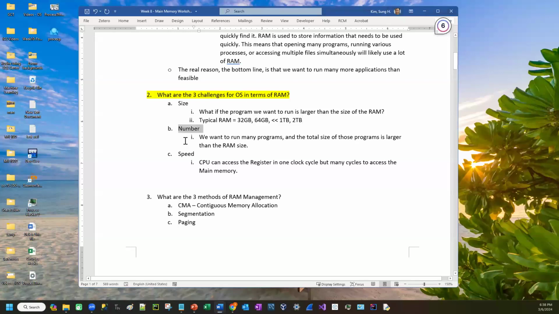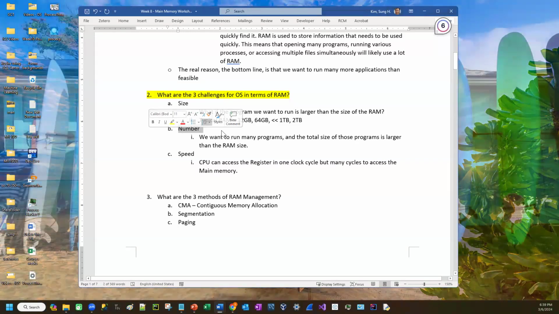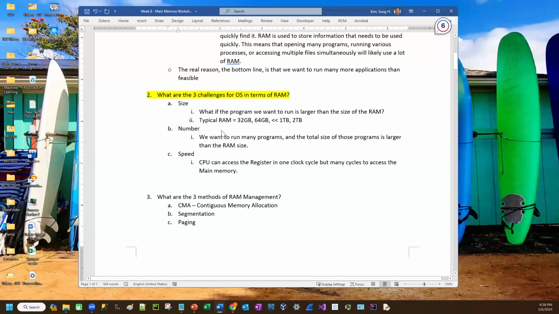The other challenge is the number of programs that we want to run. There are too many, right? And maybe it's not necessarily the number, but the size of the applications that we want to run, so they're sort of related. And this is not as much of an issue nowadays, but it used to be that the RAM was a little slow. What we mean by speed is the access, in terms of reading and writing, right?